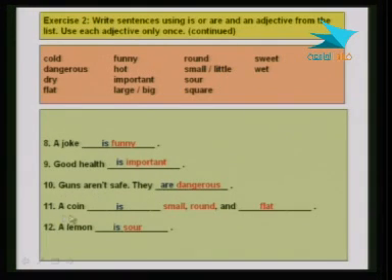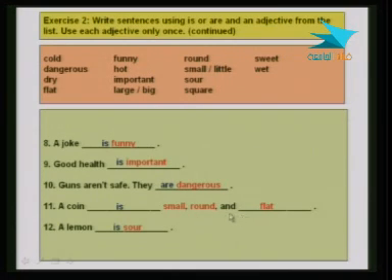And then number 11 here, a coin is small, round, and flat. If you use more than one adjective, you can separate them by the use of commas. This is a comma. This is a comma.